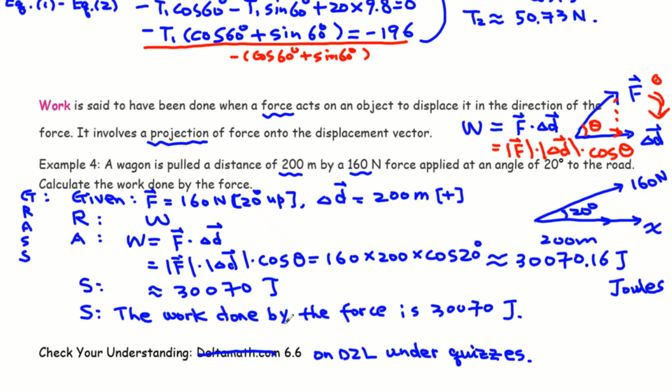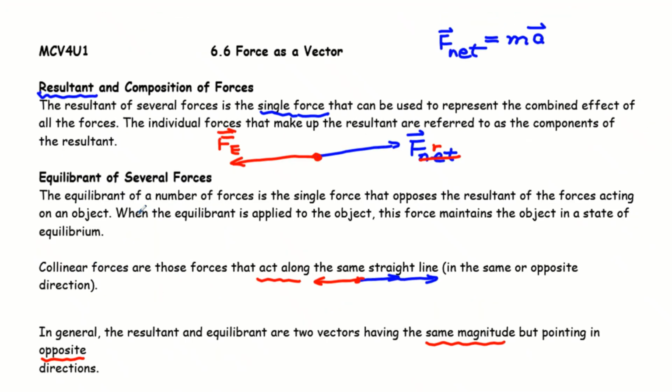Okay, so this is all for today's lesson, and what we have done is use the fact that force is a vector, and we apply vector adding, subtracting, and multiplying to force.